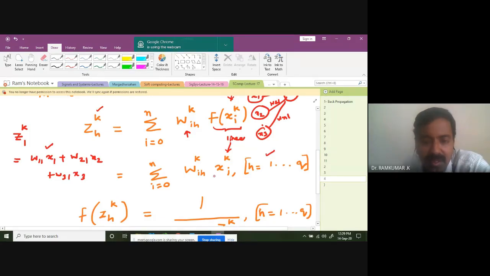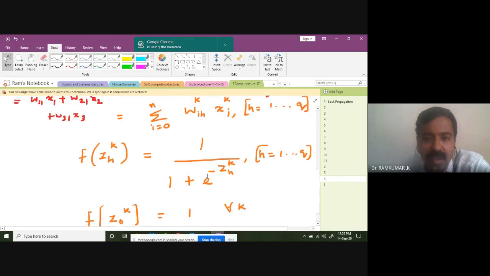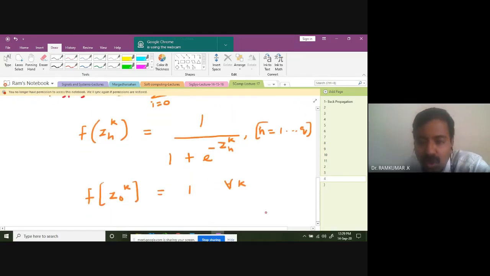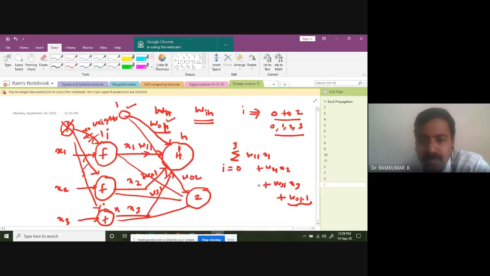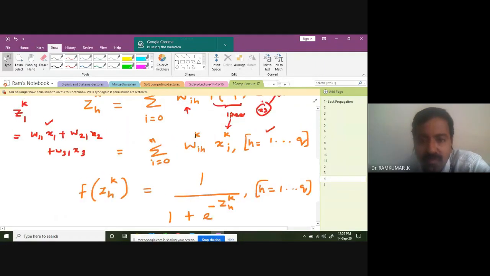Each h means each neuron in the hidden layer. Each neuron in the hidden layer receives input from all the neurons of the previous layer. That's the key point. So naturally, I'm going to have this kind of summation computed for each neuron.